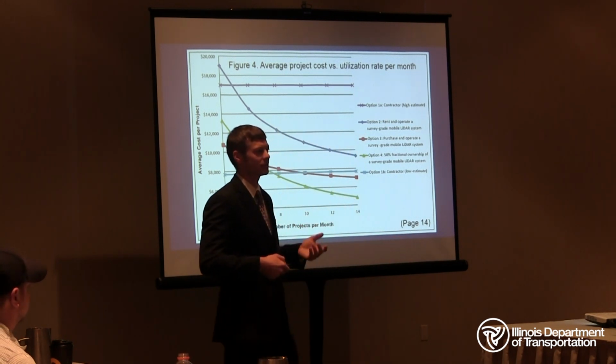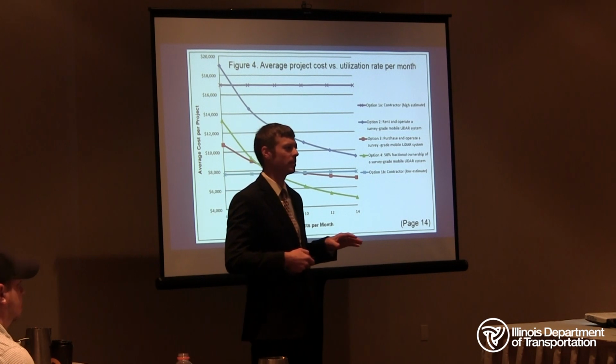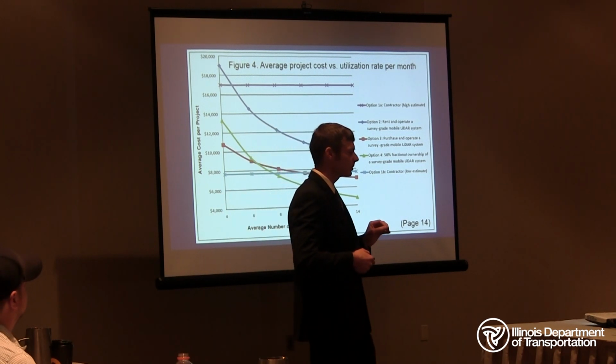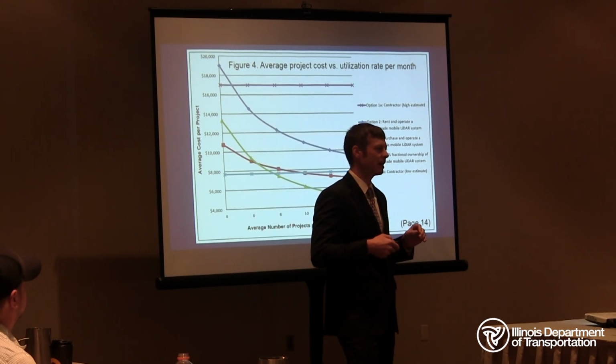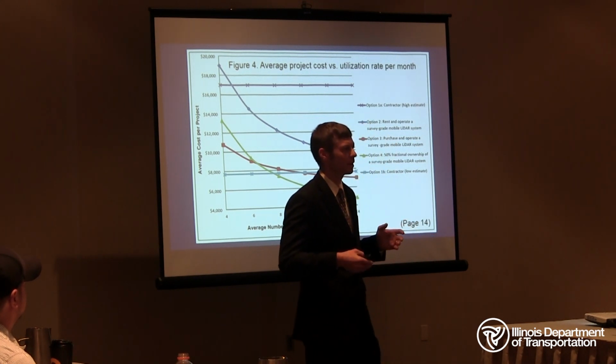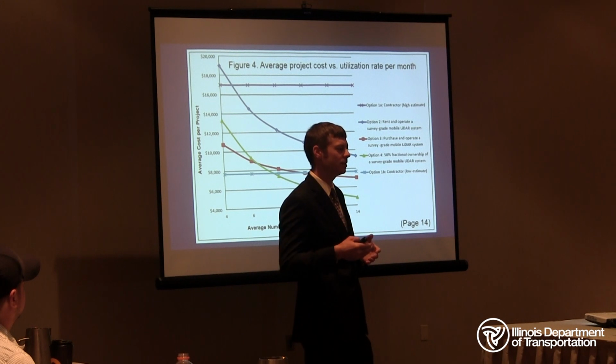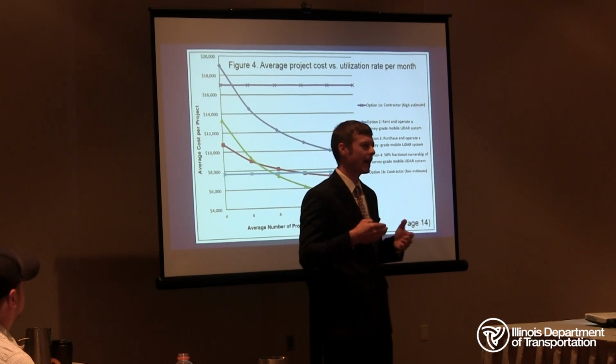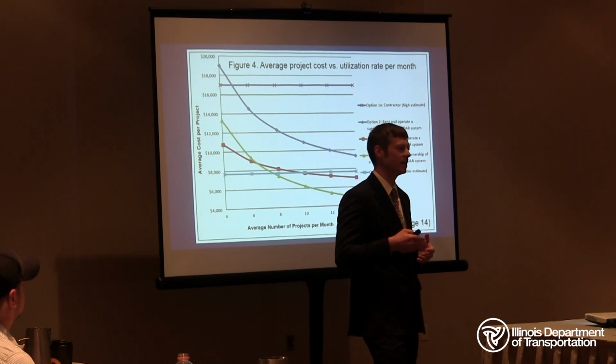So looking at the utilization rate at only 4 projects per month, they determined that they were still well below the average price that they paid to their contractors. Additionally, what they wanted to show was that at 10 uses per month, they would be at or below the cheapest price that they paid statewide.